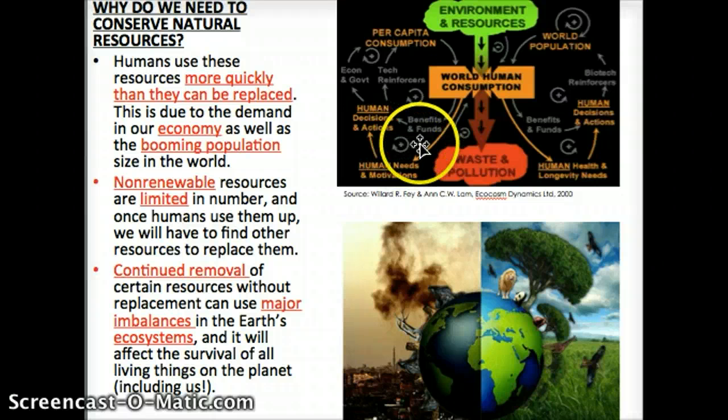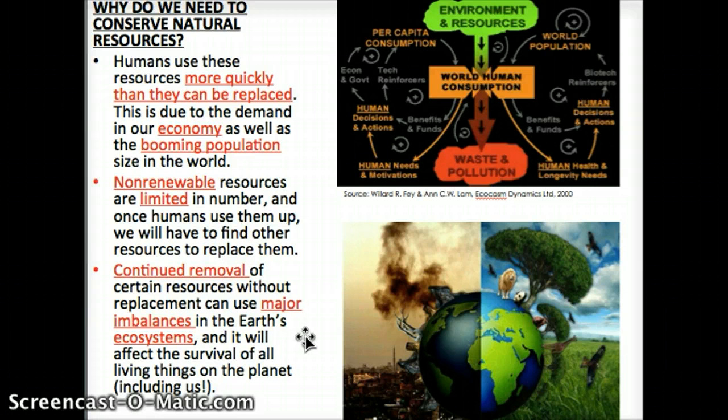And the question is, are we going to be living in a world that looks like this if we don't conserve our resources and think about ways that we can use resources in a better way to prevent these things, because we know from observation and from scientific studies that if you continue to remove certain resources without replacement, it causes major imbalances in ecosystems.